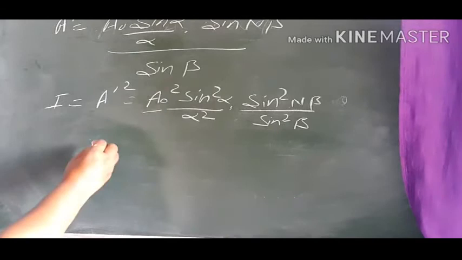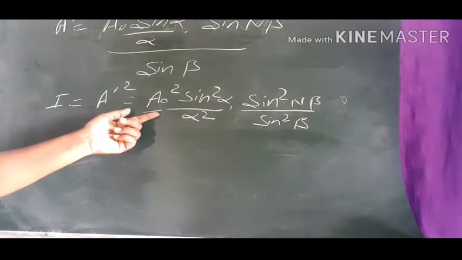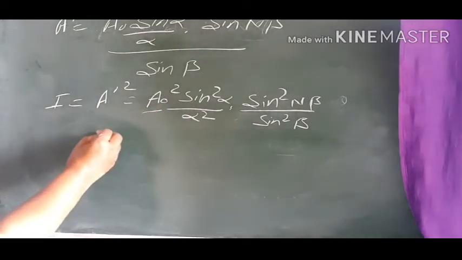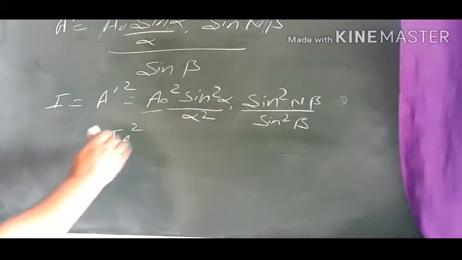Now this is the maximum intensity. This is the amplitude of the rays which are going without diffraction, and the intensity corresponding to this is I naught, or A naught square.